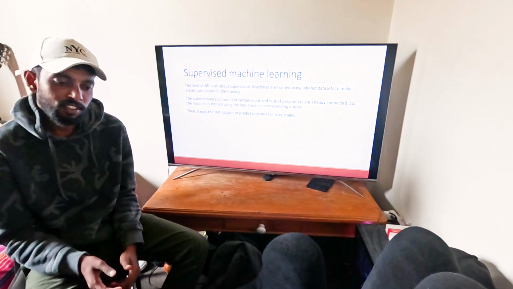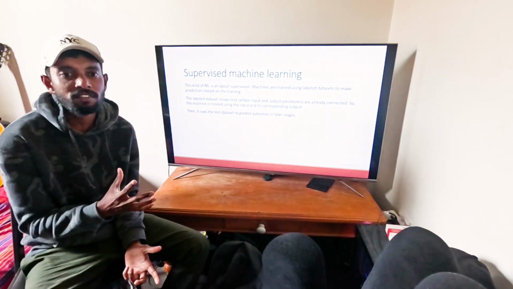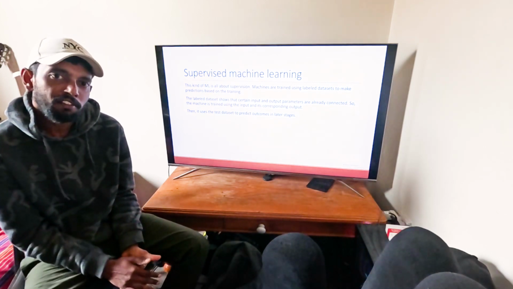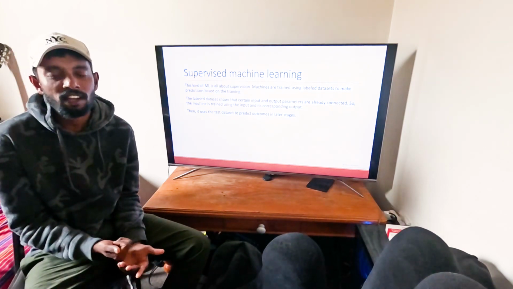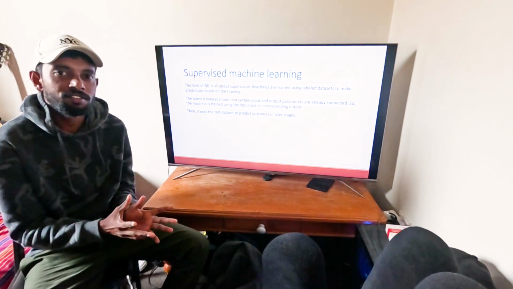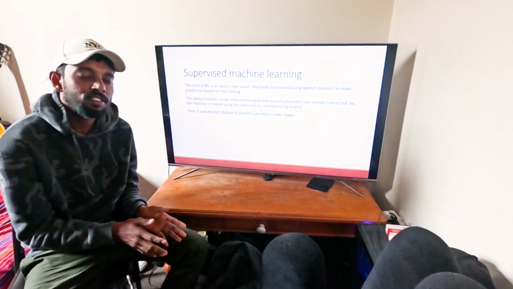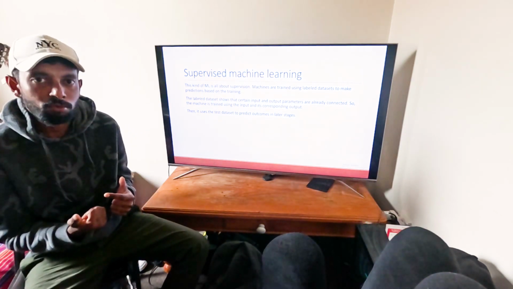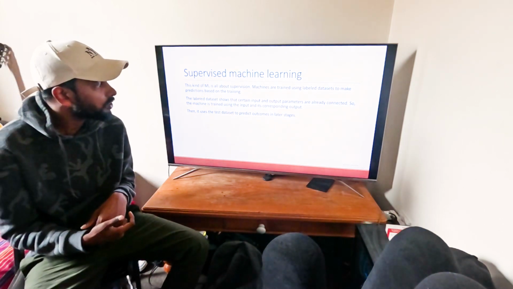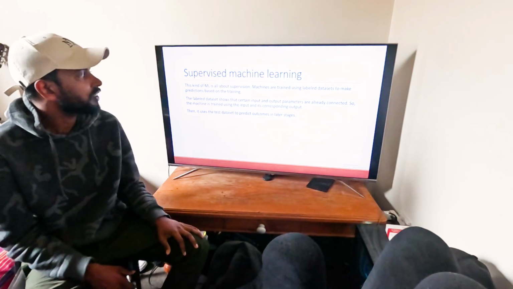In the way that we insert the data, we supervise the algorithm on how to enter the data and what output we need to get. Then it uses the test data set to predict the outcomes in the later stage. This is what we call supervised machine learning.